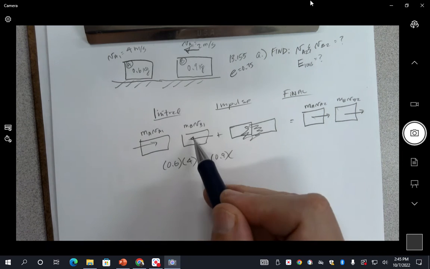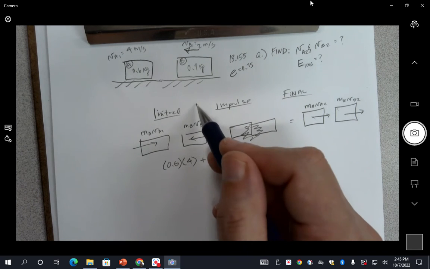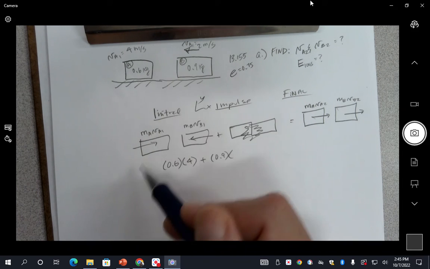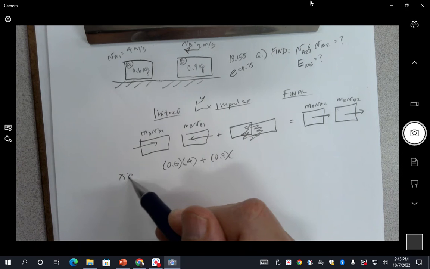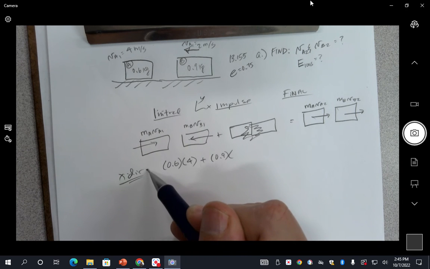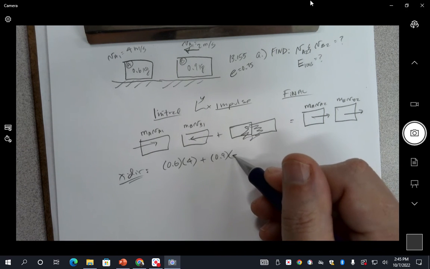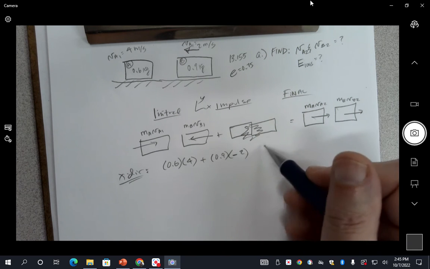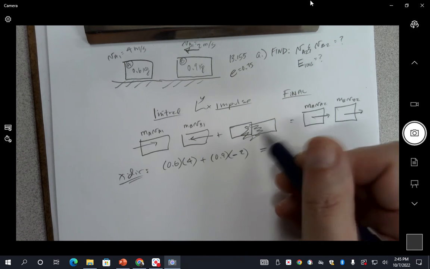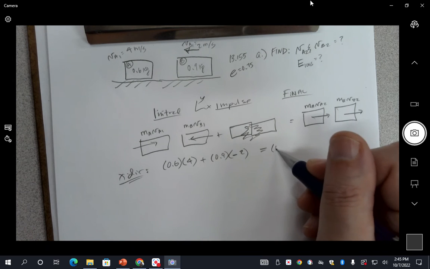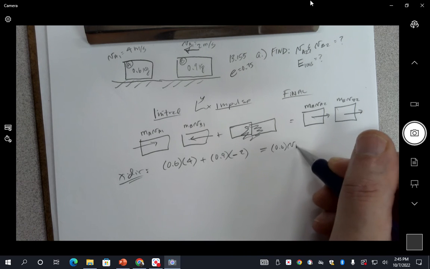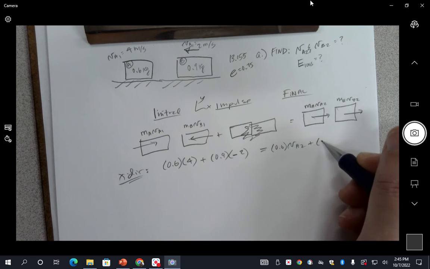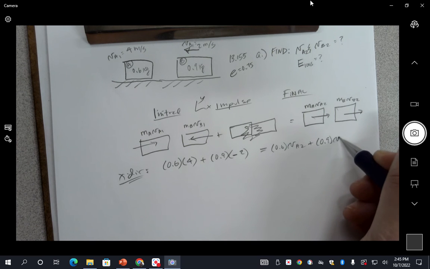Here though, make sure we get the signs correct. This is in the X direction, so it's going to be a minus 2. No impulses, and so we have 0.6 times VA2 plus 0.9 VB2.